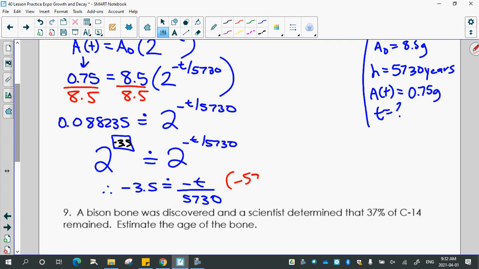Negative 5,730. Which would lead us to t being approximately 20,055 years.